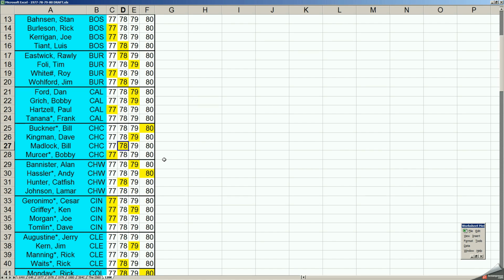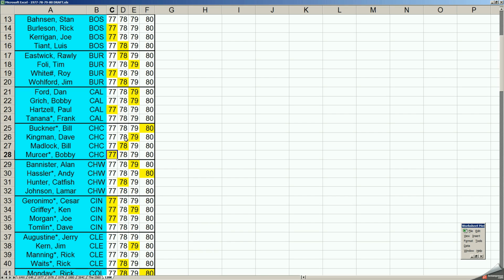This Bill Madlock card was with the Giants, but he still hits .323, and the Cubs are going to hold on to him before dealing him to the Giants. And even Bobby Murcer has a good year in 77, and I think he still has some center field options left in him, or he's explicitly a corner outfielder at this point. So that's hitting it out of the park there.